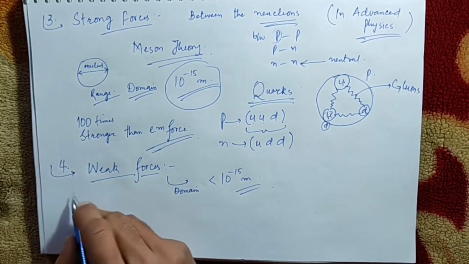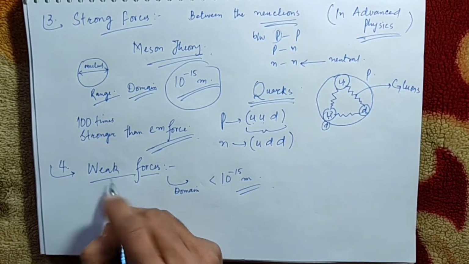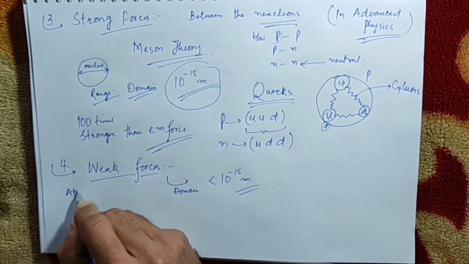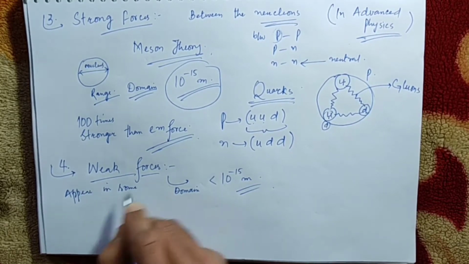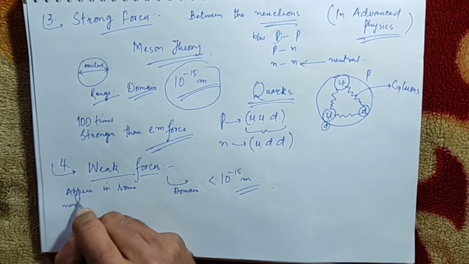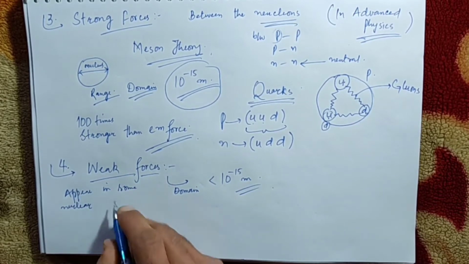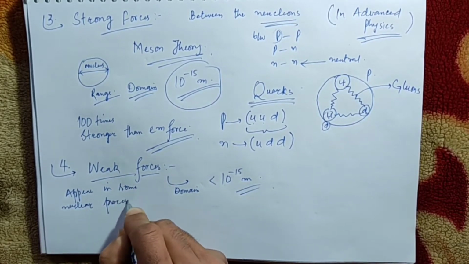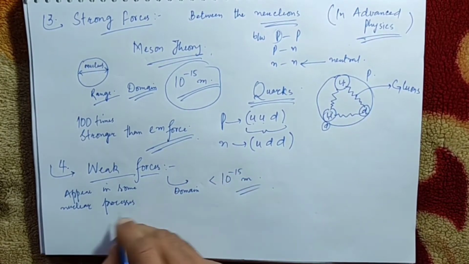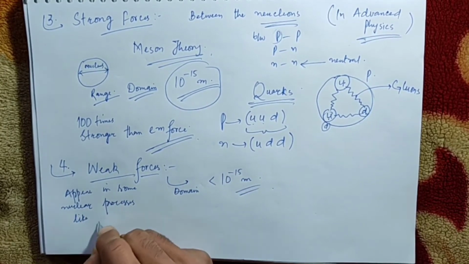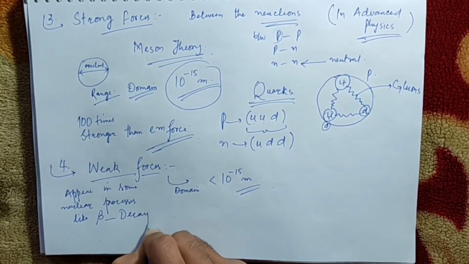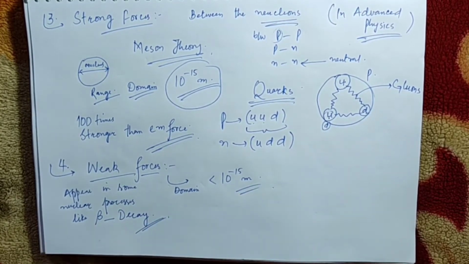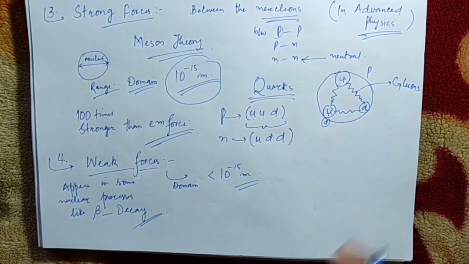These weak forces only appear in some nuclear processes, like beta decay. What is beta decay? You will come across this very thing. I will give an idea about it.